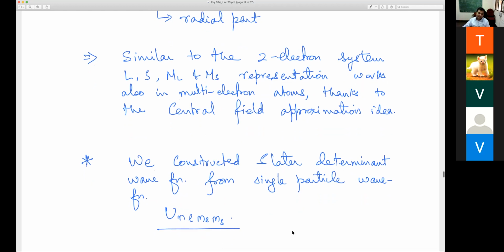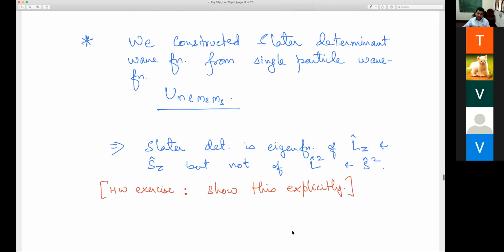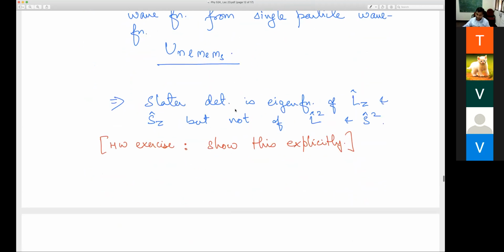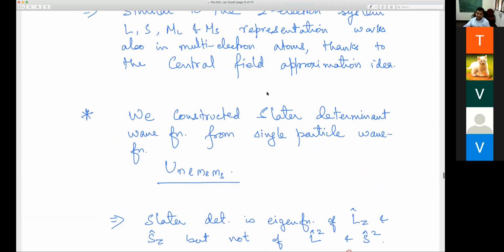Okay, and then the idea is that the Slater determinant constructed from single particle wave functions may not be the eigenfunctions of these operators, which commute with the Hamiltonian H_C, and in terms of whose numbers I can write down the eigenvalues of the H_C Hamiltonian.